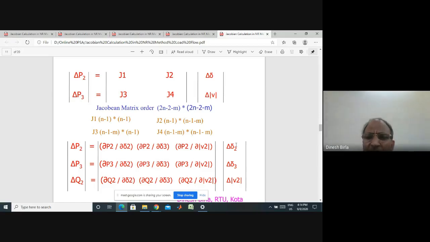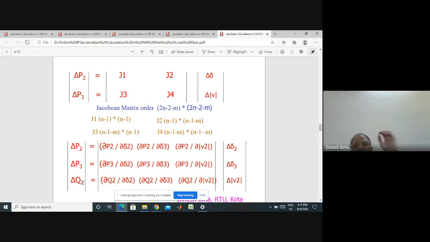So it is pretty clear, on the left hand side and right hand side, how many active and reactive powers there will be, and how many angles and voltages there will be. Active powers will correspond to all buses except the slack bus. Reactive powers will correspond to all PQ buses only. Corresponding to the slack bus and PV bus, it will be absent.